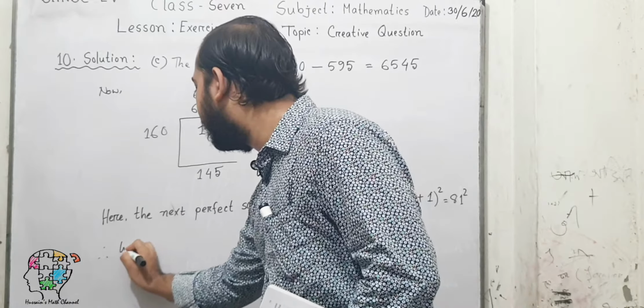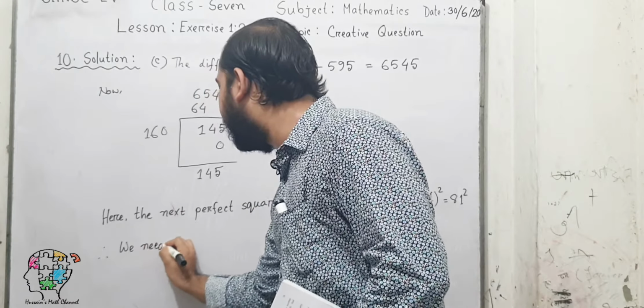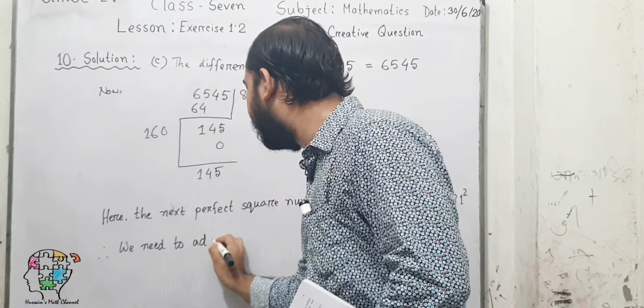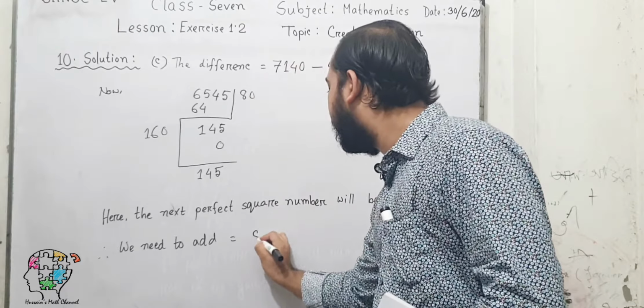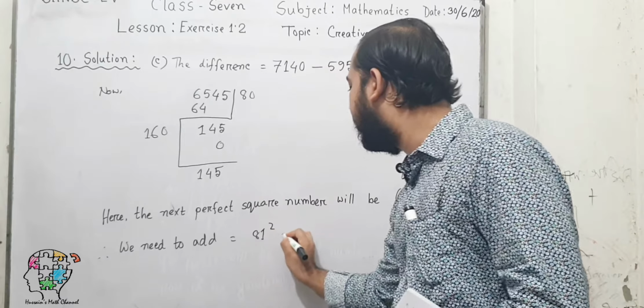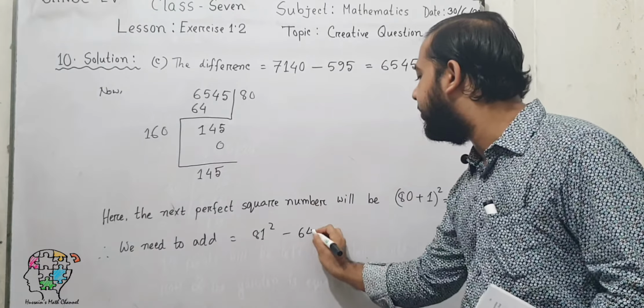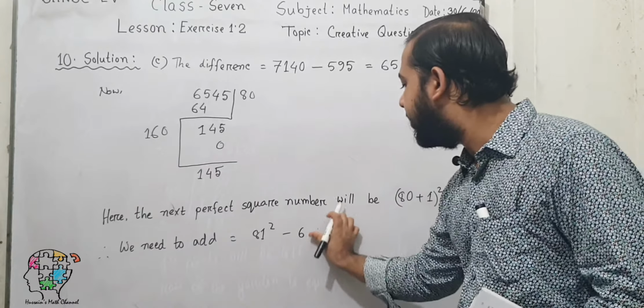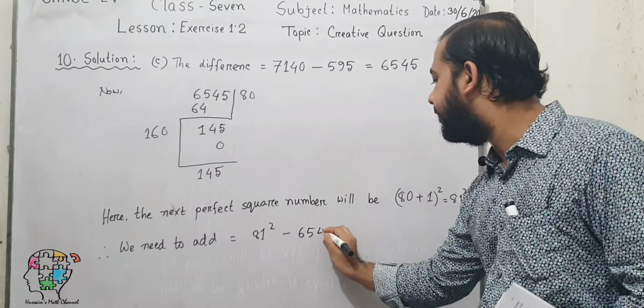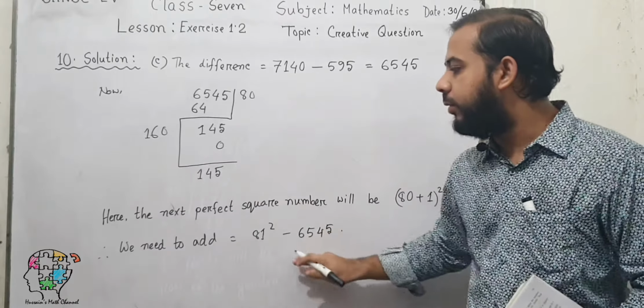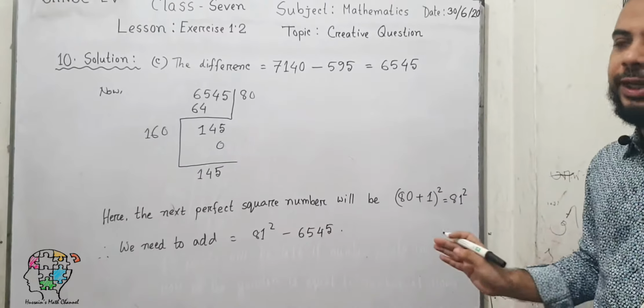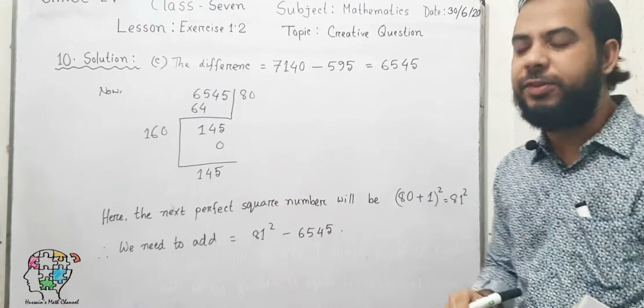Therefore, we need to add 81 square minus 6,545. So we have to add this number so that the number will be a perfect square.